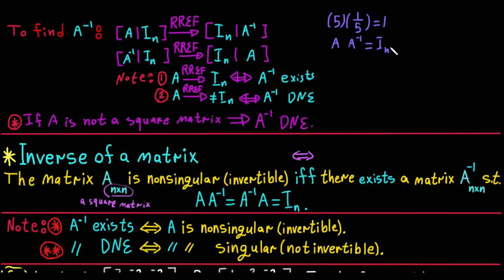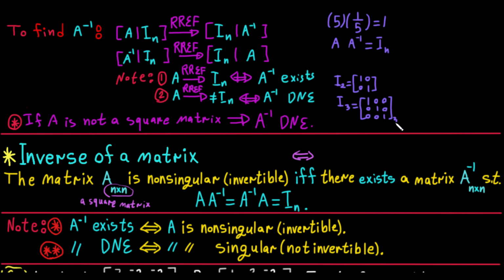And here I put n because the identity matrix of size n is the n by n matrix with ones on the main diagonal, 0 elsewhere. Just to illustrate this, if you have I2, it means 1, 0, 0, 1. And the same thing if you have I3, it means a square matrix, which is 3 by 3: 1, 0, 0, 0, 1, 0, 0, 0, 1.